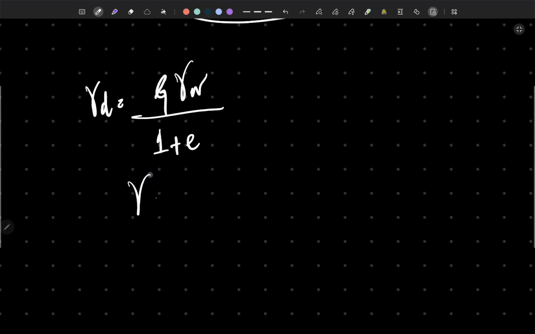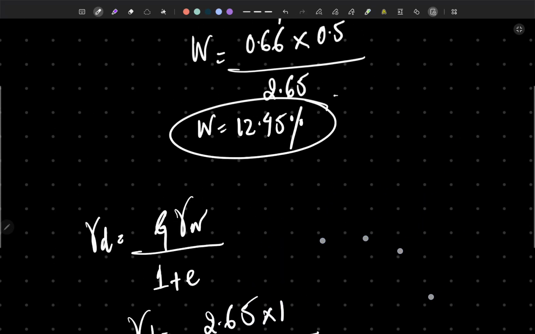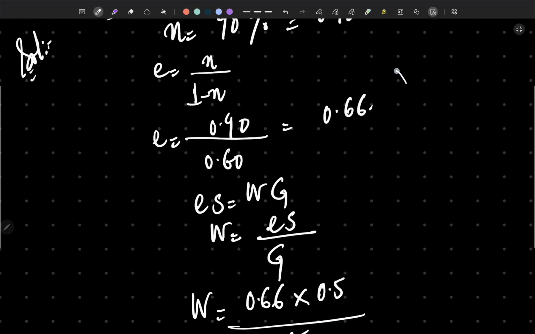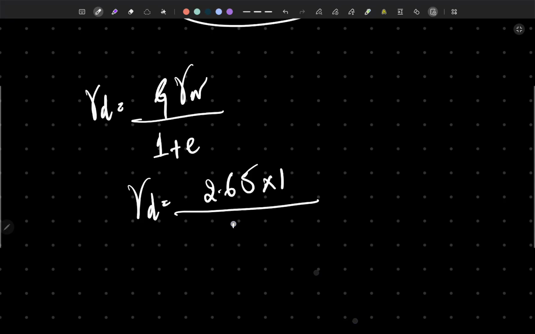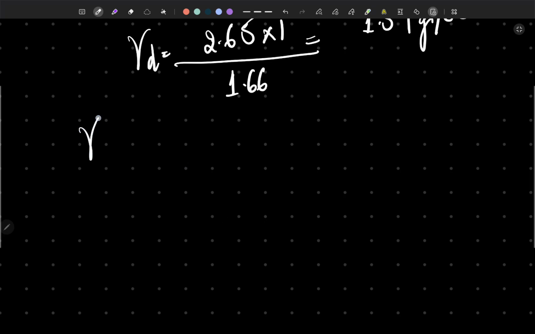G we have to use as 2.65, density 1 gram per cc, and void ratio 0.66. That means 1 plus e is 1.66. By calculation, dry unit weight is 1.59 grams per cc.